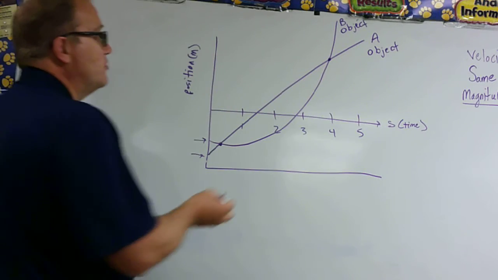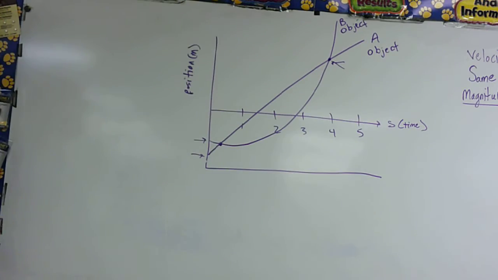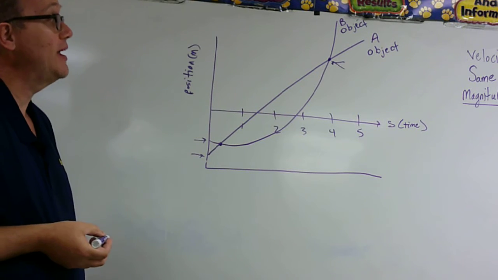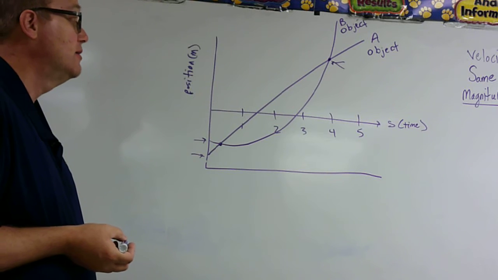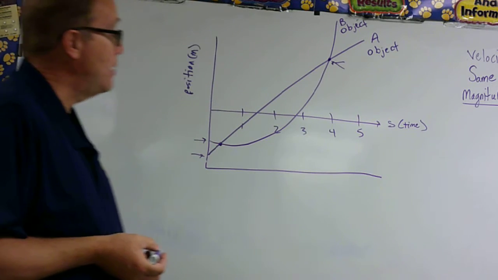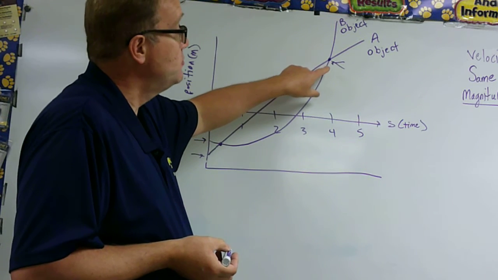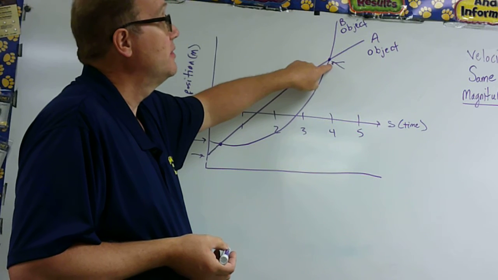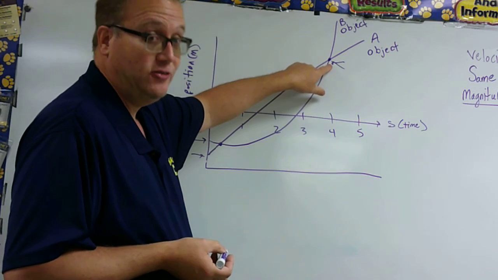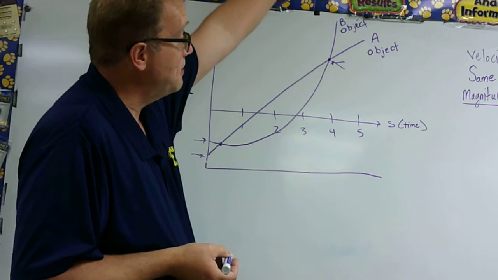So in this position here, object B is overpassing it and going at a higher velocity than object A. So that would be your answer there. Object B is traveling faster here than object A. A started out ahead of it, but then all of a sudden B just speeds right past it.